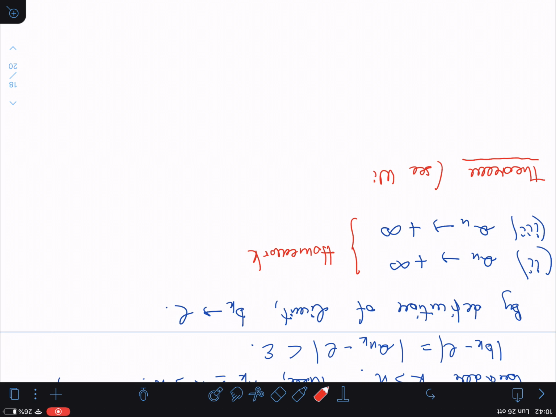See Wikipedia. The word that you have to search is Bolzano-Weierstrass theorem. We will see also the Bolzano-Weierstrass theorem. It is not so beautiful. What is beautiful is this lemma.